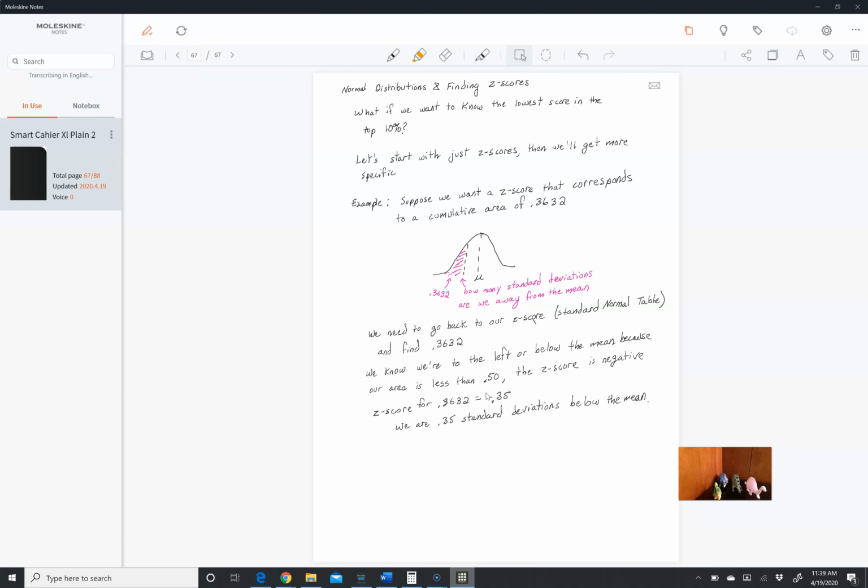Okay, so let's do this. Okay, let's keep going. Suppose that we want to find a z-score. I'm going to put this in a different color because it's a different problem.